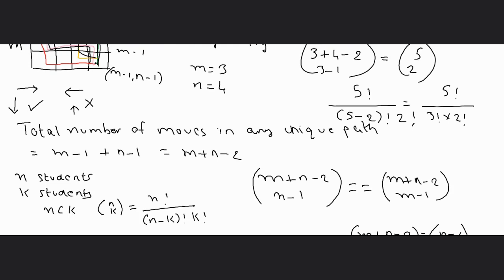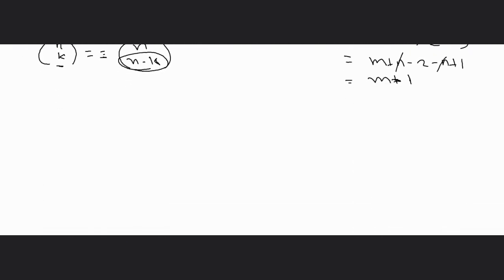So that would be equal to 2 times 3 times 4 times 5 over 2 times 3 times 2, so total 10 paths. Okay. So now we are given this grid, whose size is 3 by 4. Okay.